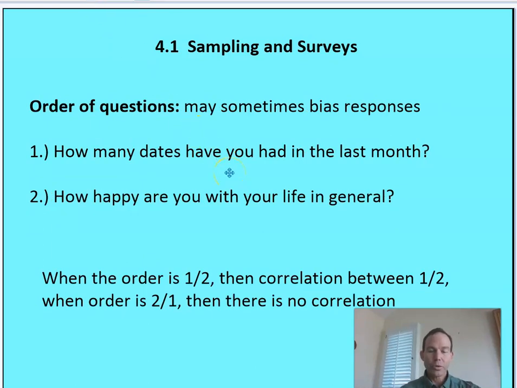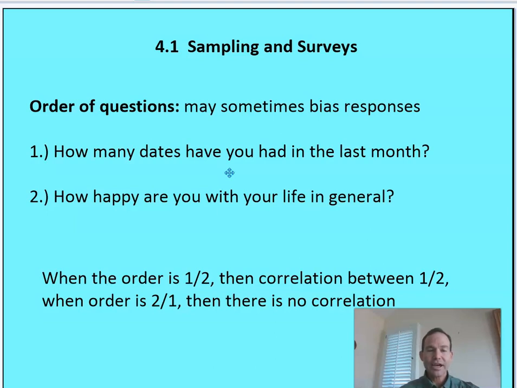All right, also order of questions is important, and that sometimes may influence response bias. So here's a question: first, how many dates have you had in the last month? And second, how happy are you with your life in general? When the order is 1, 2, meaning the first question and then the second question, there's a correlation between 1 and 2. People who have had more dates are happier with their life. But if the questions are asked in reverse, 2 then 1, how happy are you with your life, and then how many dates have you been on, then there's no correlation.